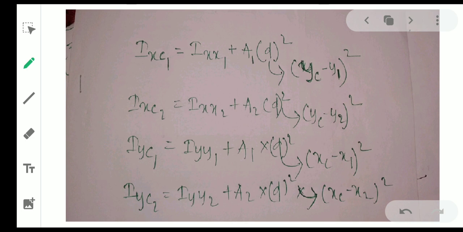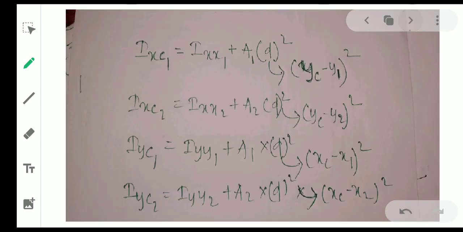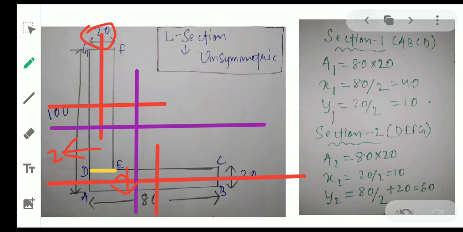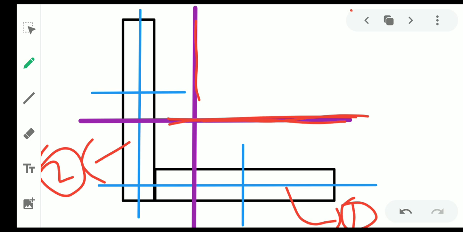So Ixc1, what is Ixc1? Ixc1 means the moment of inertia of section 1, which is this section 1, in the x direction about the centroidal axis of the whole section.